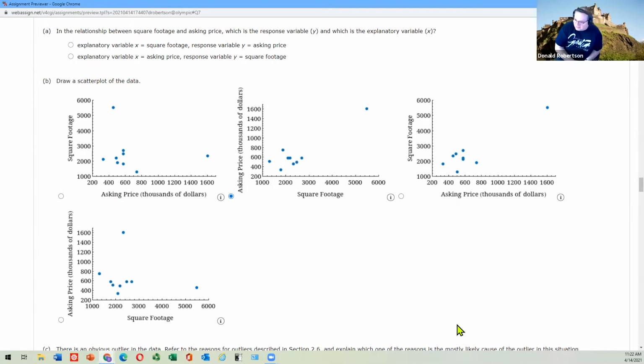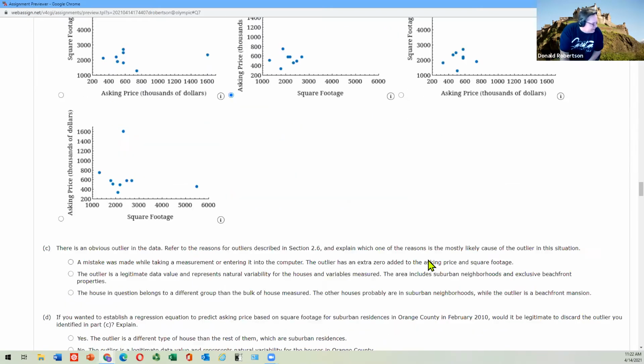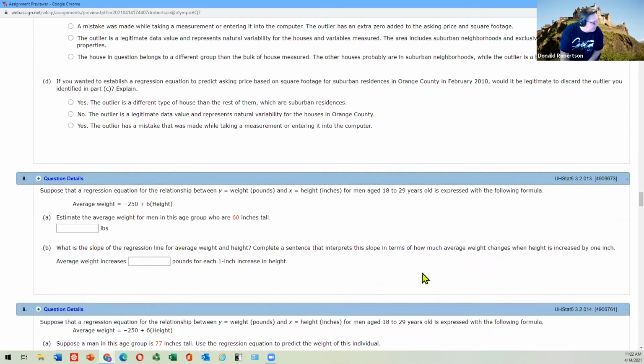A really, really big house is called a McMansion, right? So I think that data point is because there is an exceptionally big house in this area, with over 5,000 square foot. And you can answer it your own way.